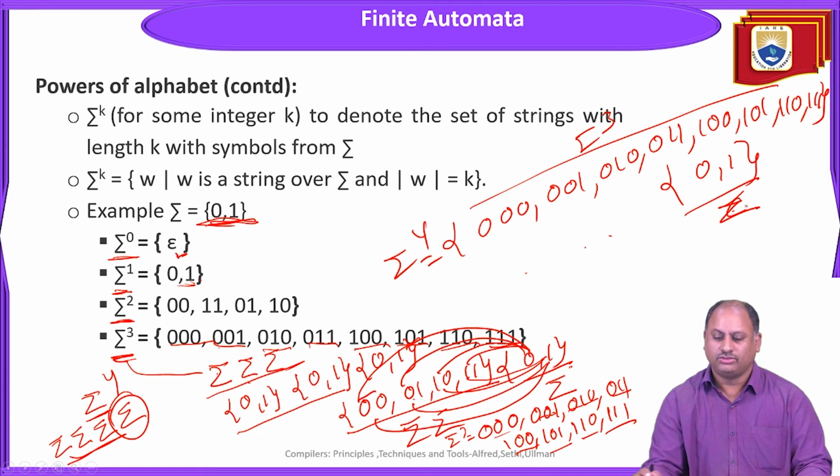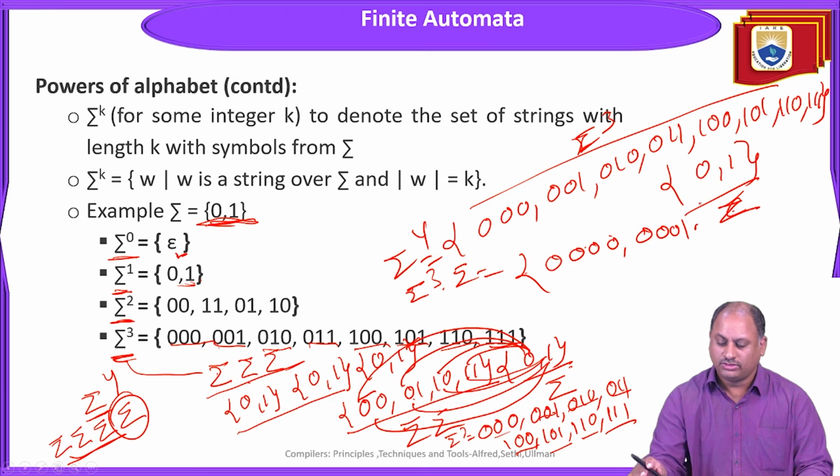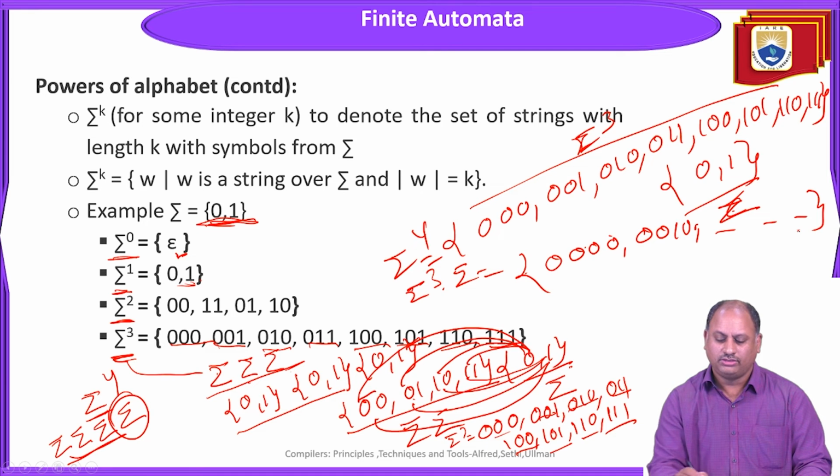So sigma power 3 followed by sigma gives one more result. We are getting sigma power 5 also; we can calculate sigma power 4 times sigma.